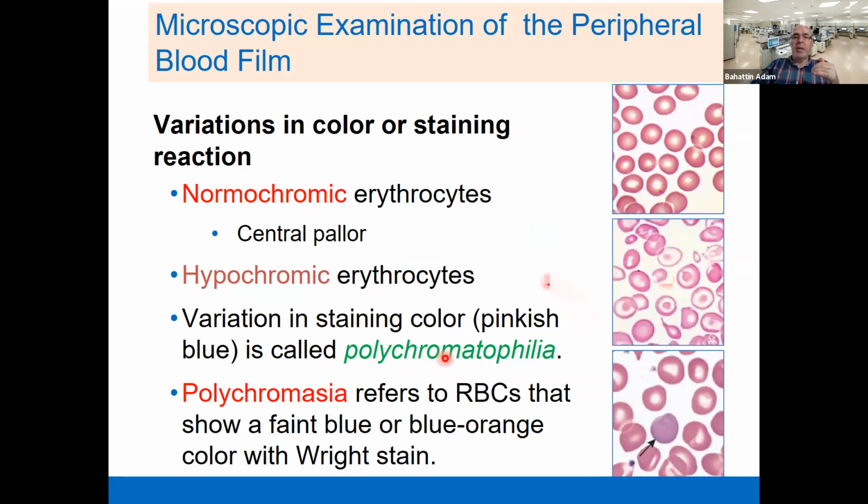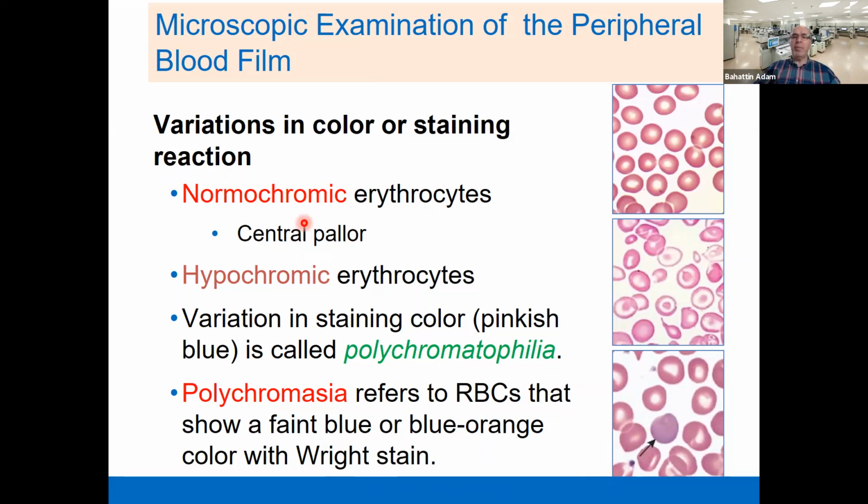Variation in staining color is known as polychromatophilia. Polychromatophilia refers to red blood cells that show a faint blue or blue-orange color with Wright stain, a type of stain. Normochromic means that the staining is as we expected.